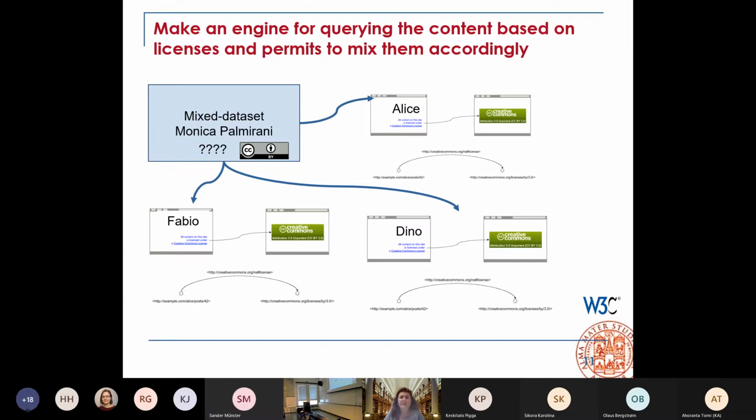So suppose that I use three datasets, one from Alice, one from Dino and one from Fabio, all of them released with Creative Commons.